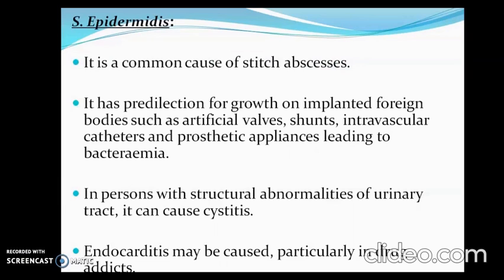It has a predilection for growth on implanted foreign bodies such as artificial valves, shunts, intravascular catheters, and prosthetic appliances, leading to bacteremia. In persons with structural abnormalities of the urinary tract, it can cause cystitis. Endocarditis may be caused particularly in drug addicts.